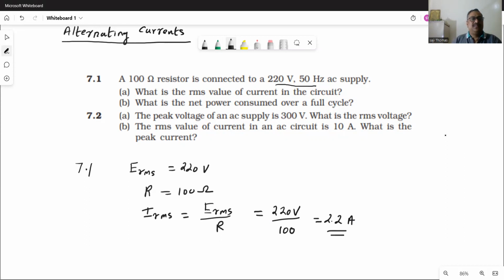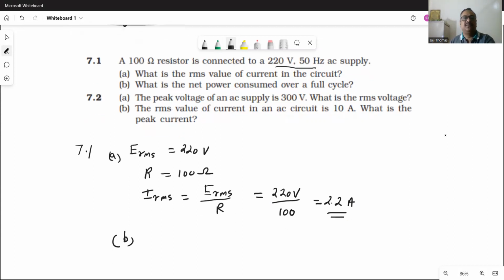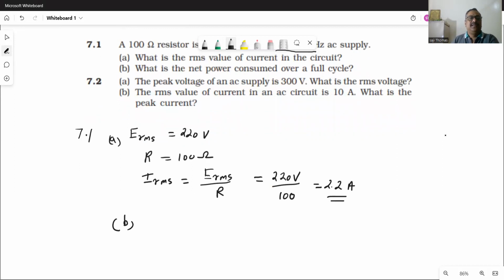Then the second part of the question, B: what is the net power consumed over a full cycle? Net power, you know, the average power in an AC circuit is ERMS IRMS cos phi.